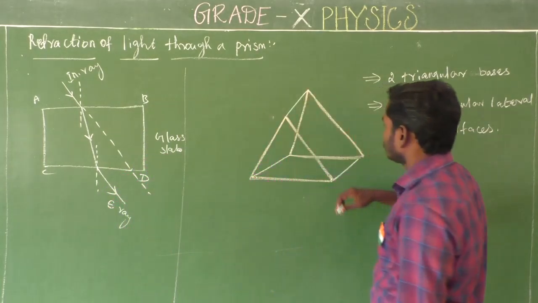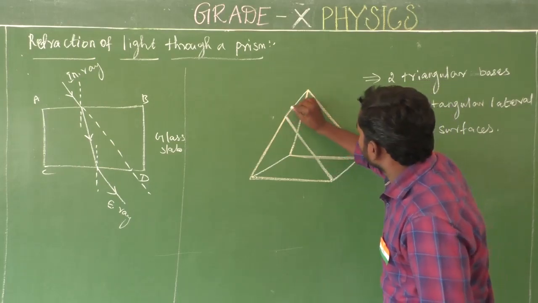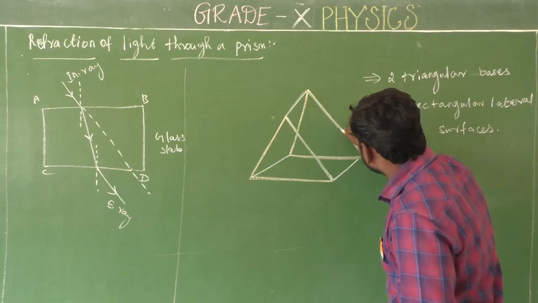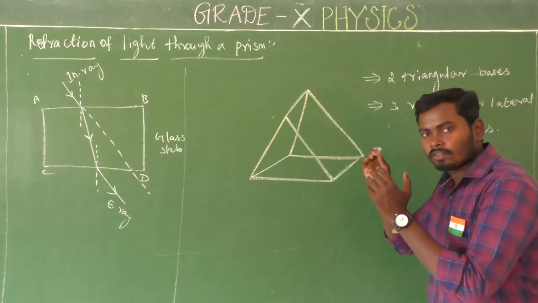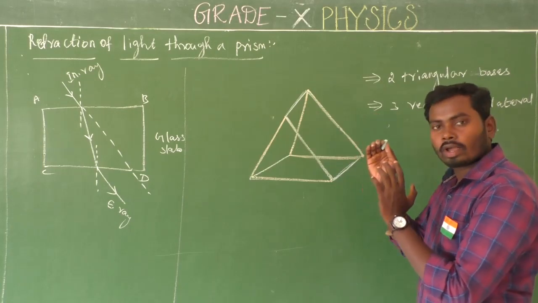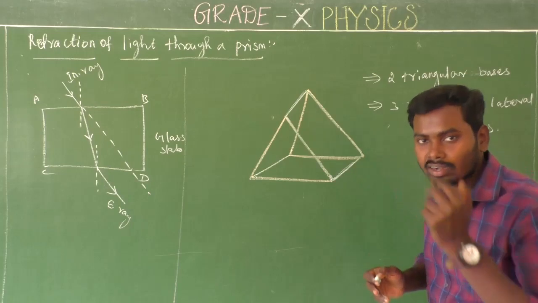Look at here. This is one rectangular lateral surface, because that face is located sideways. Sideways, that is the reason why it is called lateral surfaces.